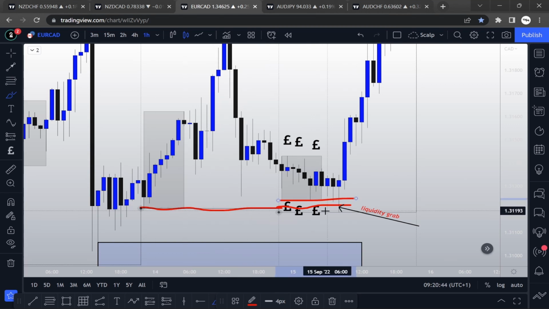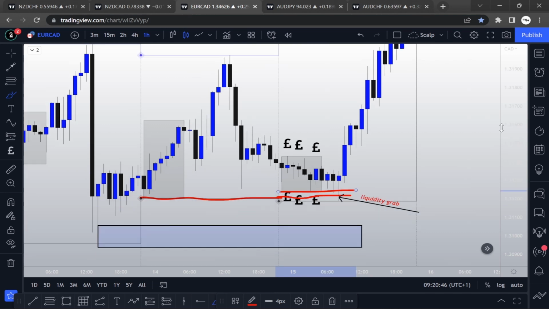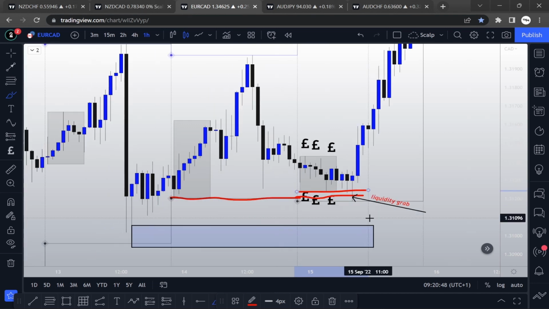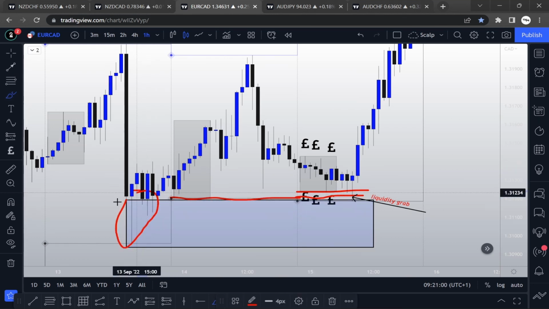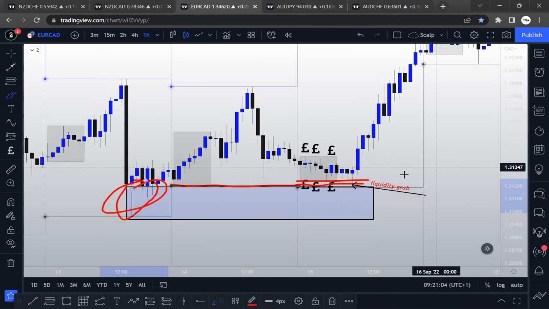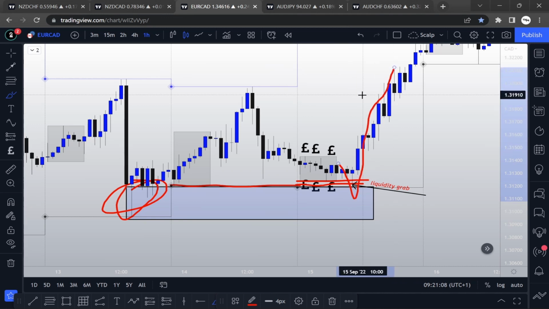And when the London session grabs the liquidity from not just the Asia low box, but also the daily low into a wick rejection area like this, where we have multiple rejections around these levels, the moves become quite powerful, as you can see.